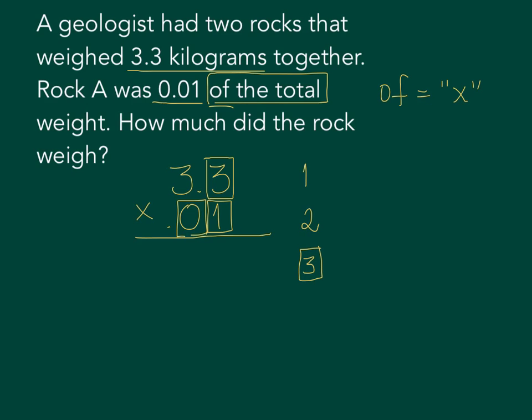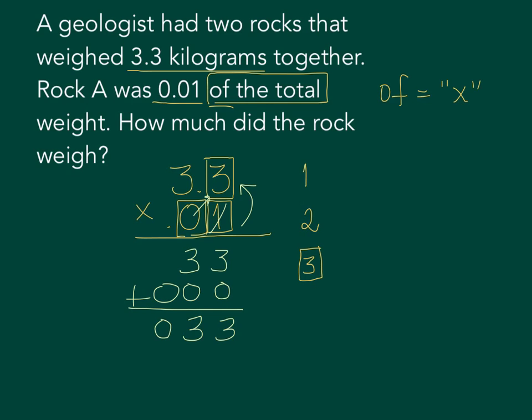So let's begin multiplying. 3 times 1 is 3, and 3 times 1 is 3. Then we're done with the ones place, put a 0 down. Then 0 times 3 is 0, and 0 times 3 is 0 again. Let's add that. So now I look and see where should my decimal point go.